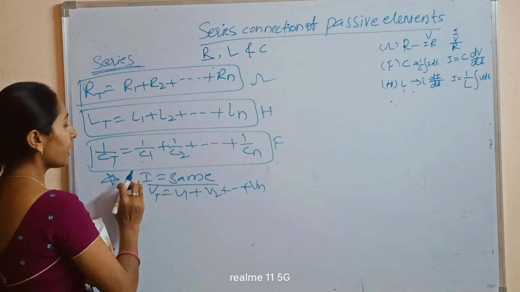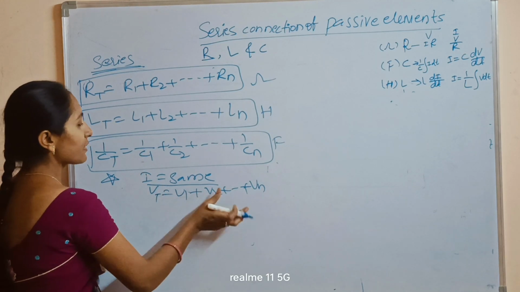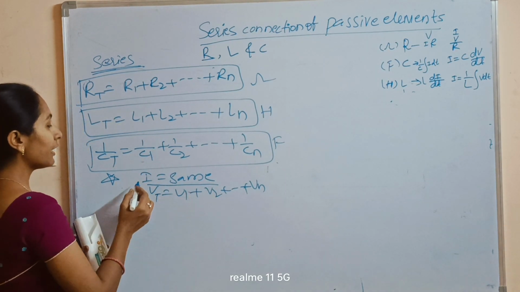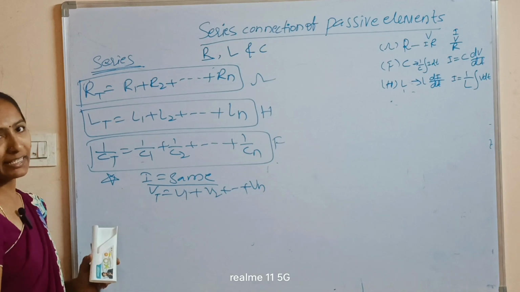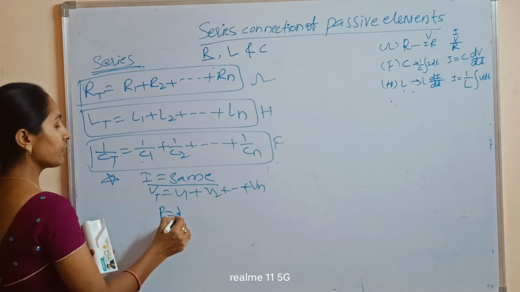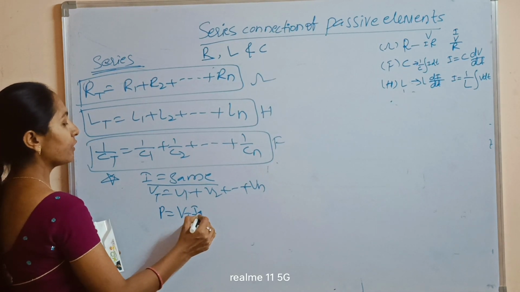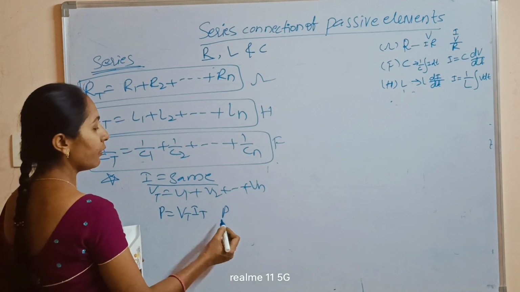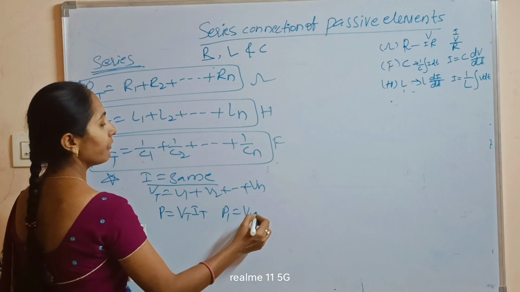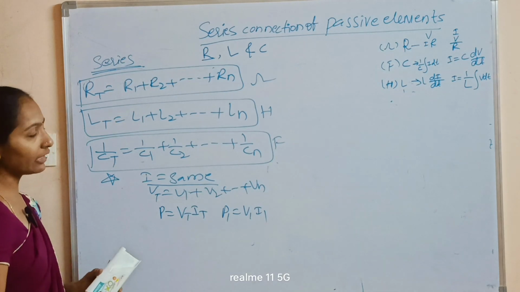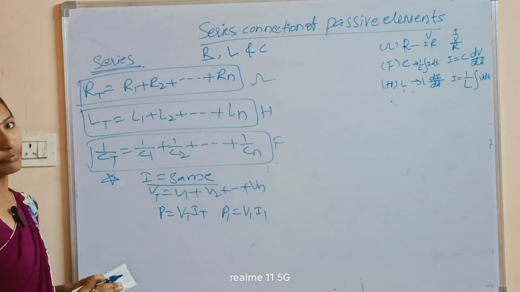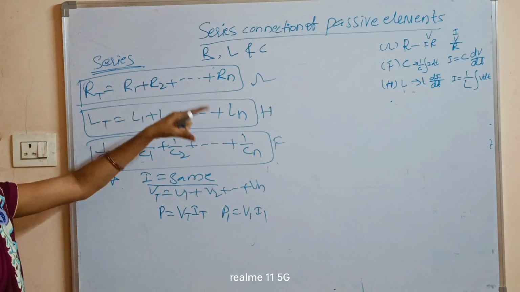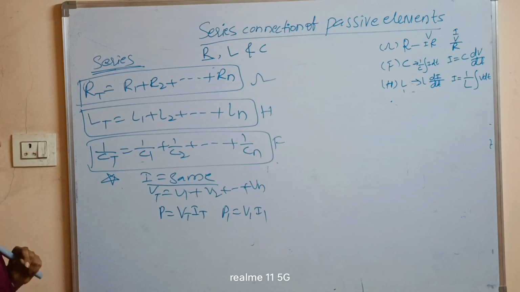Now we can get current and voltage, then we can calculate power also. P equals V total into I total. If we need to calculate for an individual element, P1 is nothing but V1 I1. Like that we can consider power in terms of watts also. So this is the series connection.